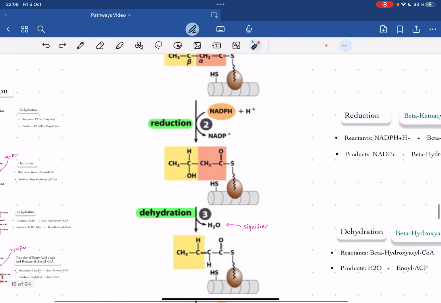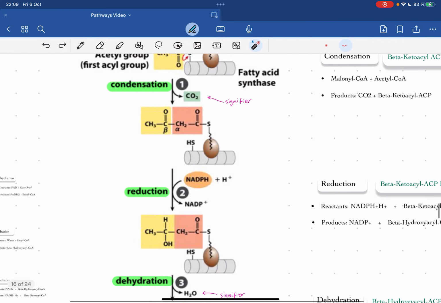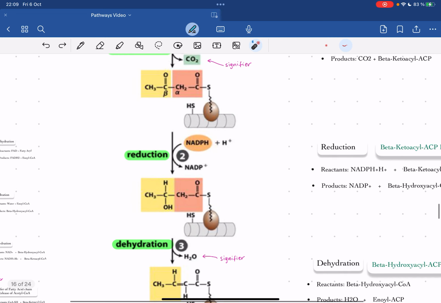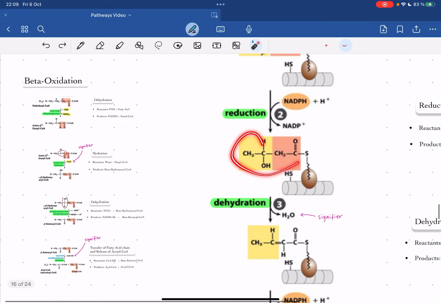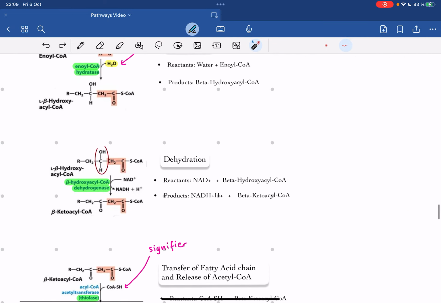Well, here, for the reduction phase, we have this ketone group initially, and now we want to reduce it by adding hydrogen atoms, which we do by adding this NADPH plus H, and we add 2 hydrogen atoms into it, and this represents what we also get from here, which would be the beta-hydroxyacyl-CoA.